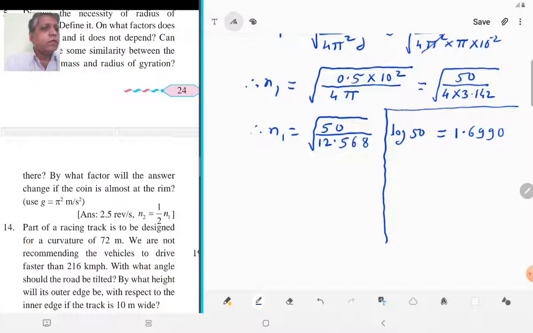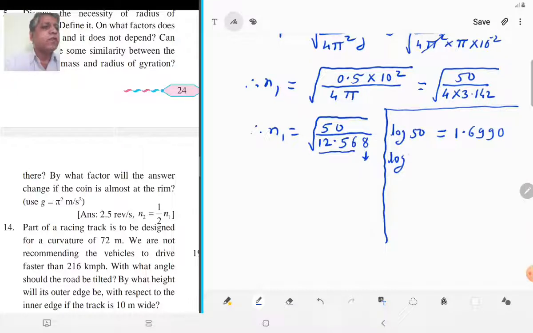Now see the log of 12.568. This number has 5 digits, but to see the mantissa we use only the first 4 digits. Here the 5th digit is greater than 5, so add 1 to the previous digit.